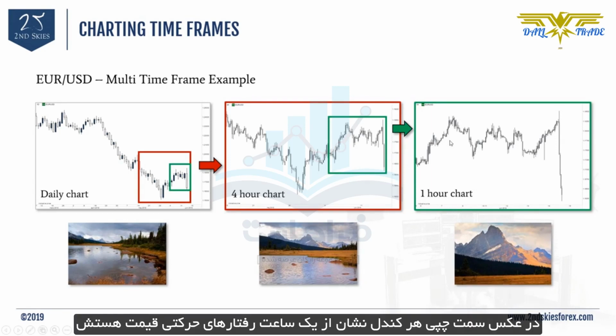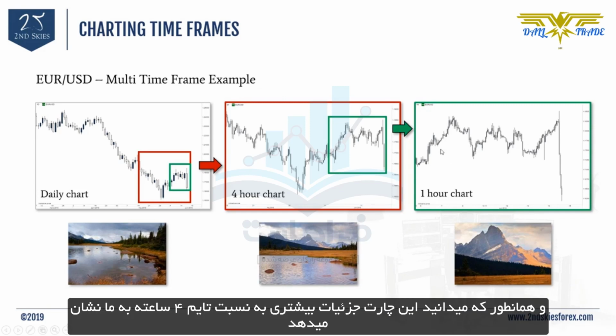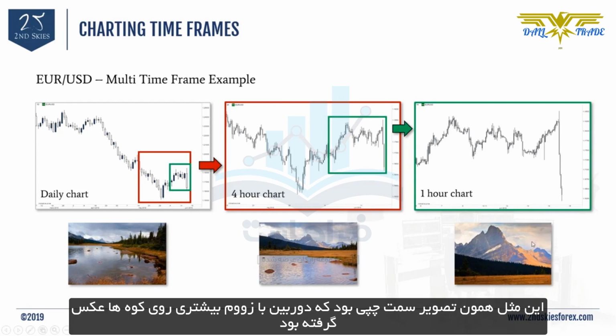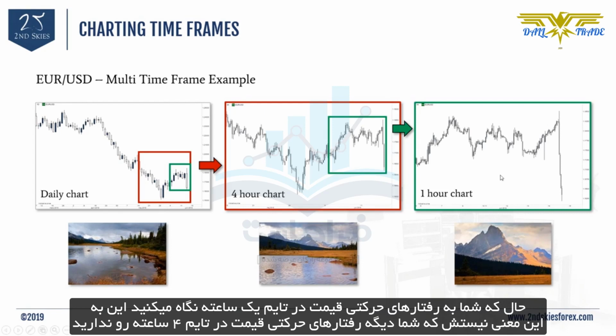So each candle here on the right side is 1 hour of price action. And as you can see, this reveals even more detail than the 4-hour chart. Similar to the third picture we showed you where we zoomed in completely on the mountain, this would correspond with, in this example, the 1-hour chart.